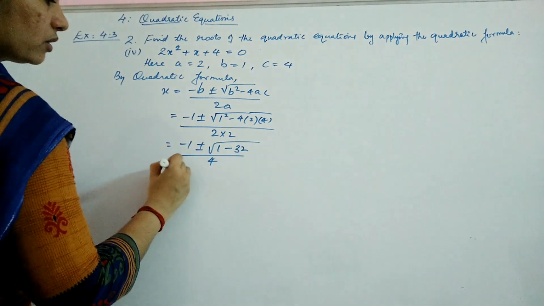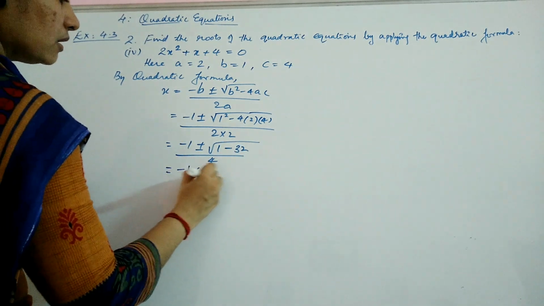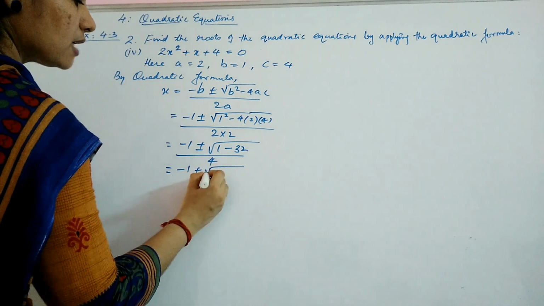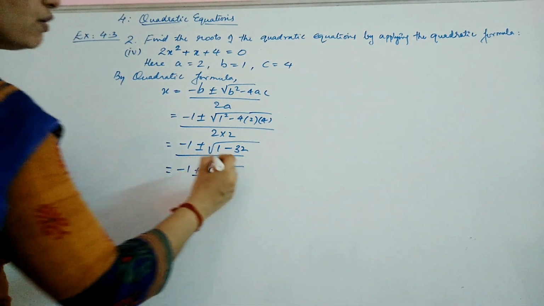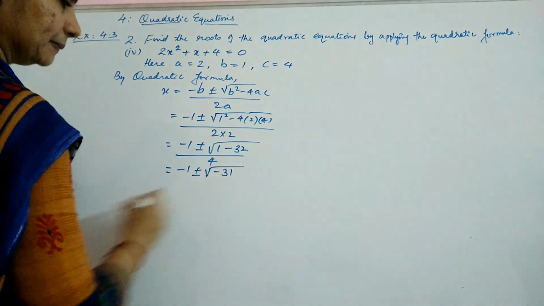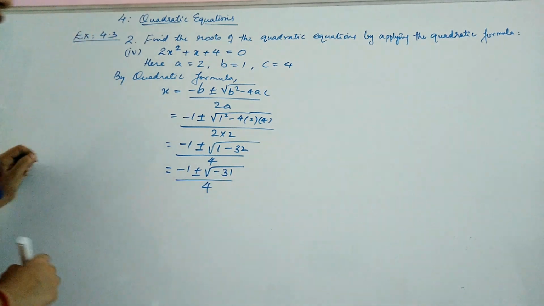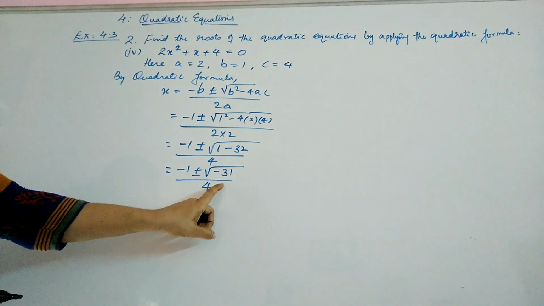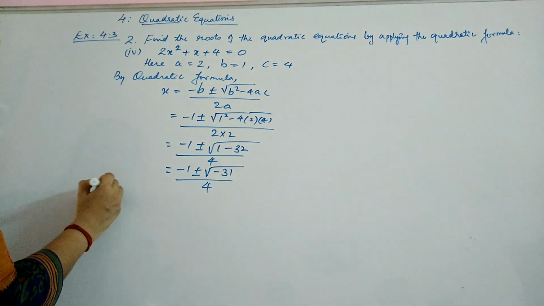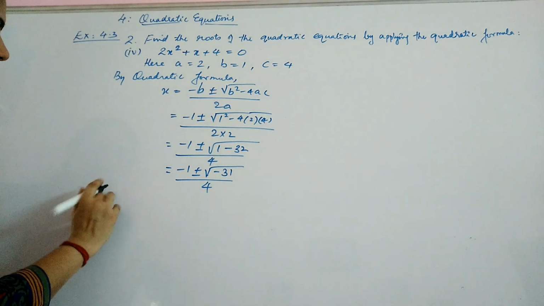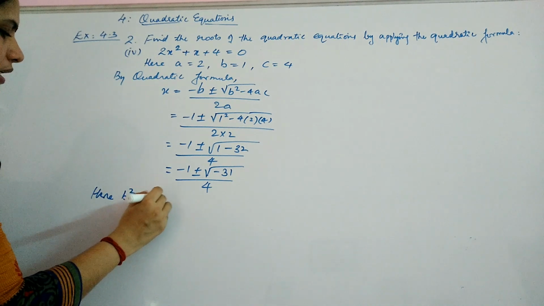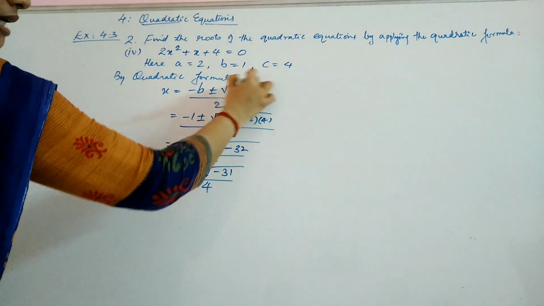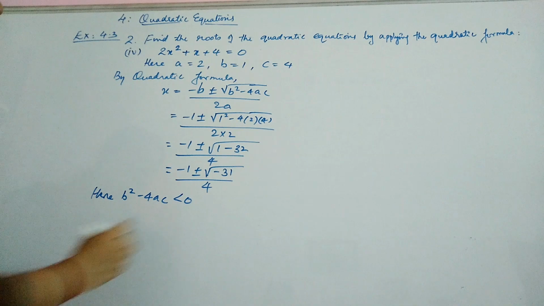That means you are getting a negative term inside the root, that is minus 1 plus or minus root of minus 31 divided by 2. Now when you get a negative term inside the root, that is your b square minus 4ac is less than 0. Here what you can say, b square minus 4ac, which is your term inside the root, is less than 0.